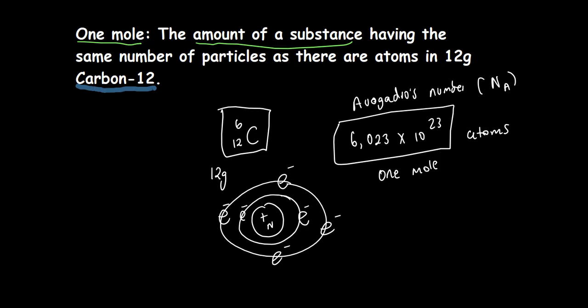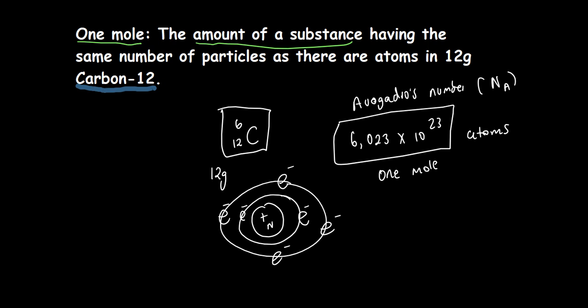So to keep it simple, when you say 1 mole of sugar, you are saying 6,023 times 10 to the power 23 particles of sugar. So 1 mole of anything is this number because of that. I hope that is clear.